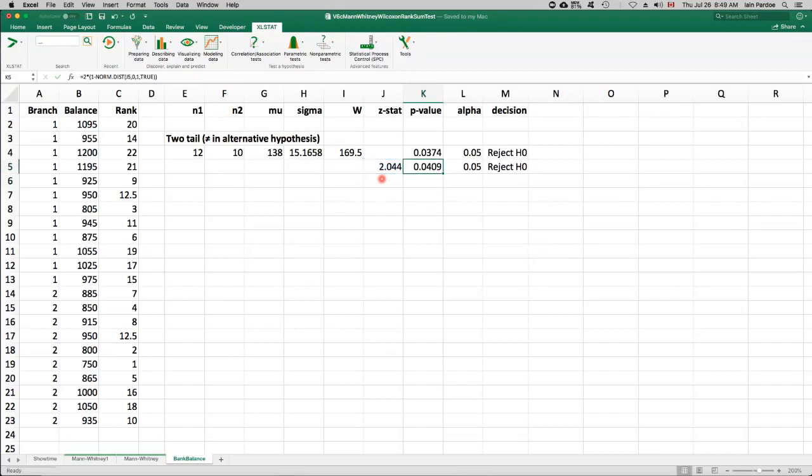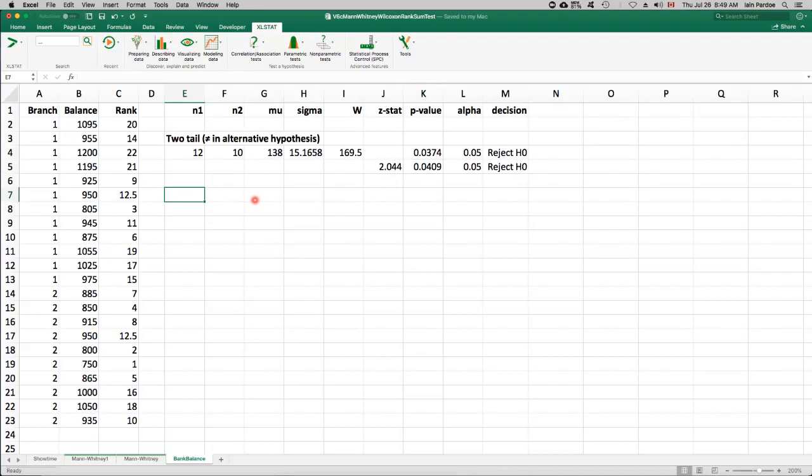And that comes to 0.0409, and it's less than alpha, so we reject the null hypothesis. So you can see this approximation, it's close to the exact p-value. But the advantage here is we can calculate this by hand without having to have access to software that will calculate it exactly. So gives us the same result.